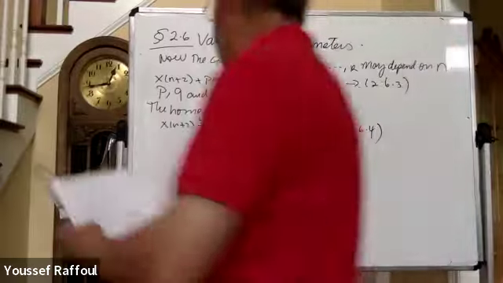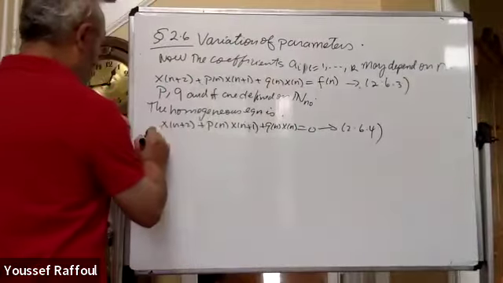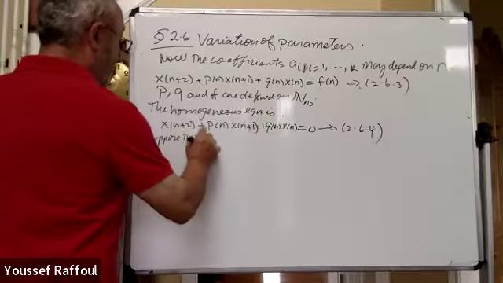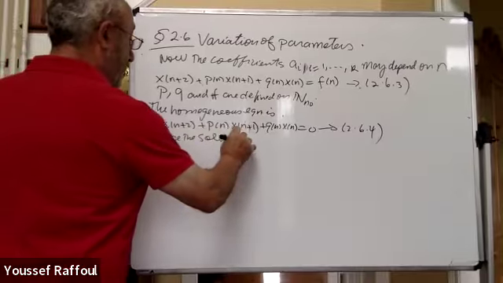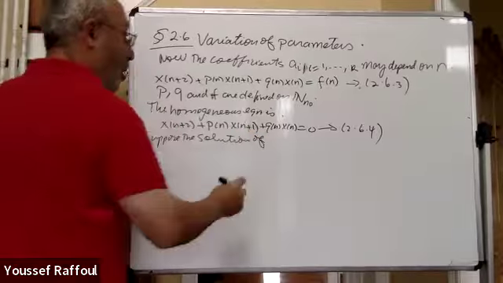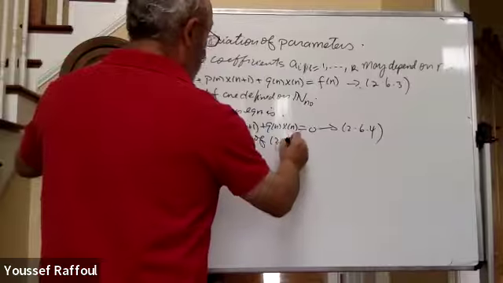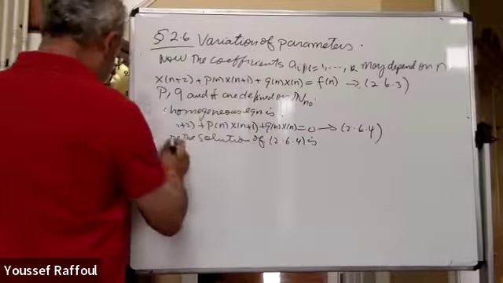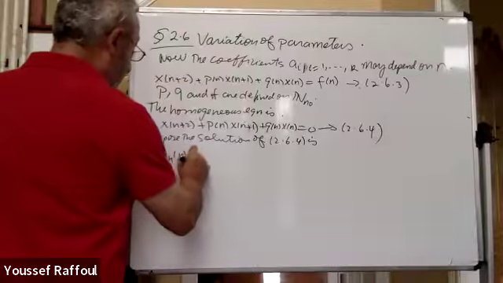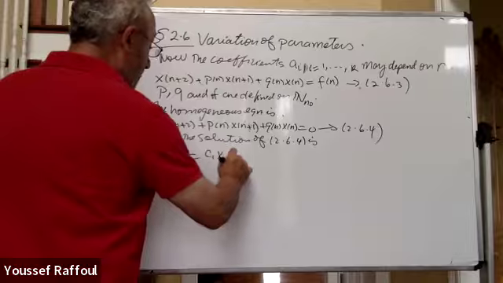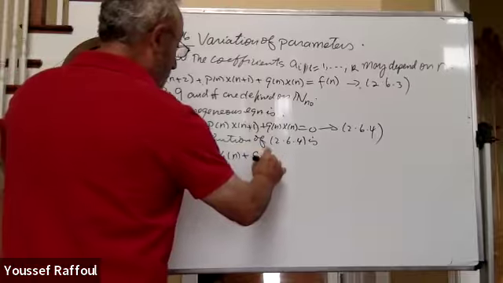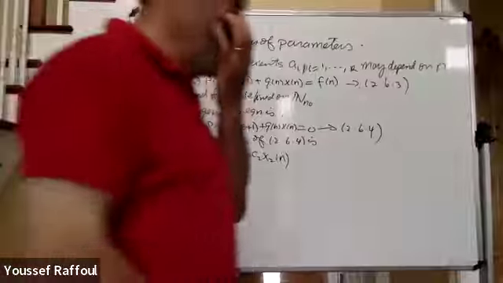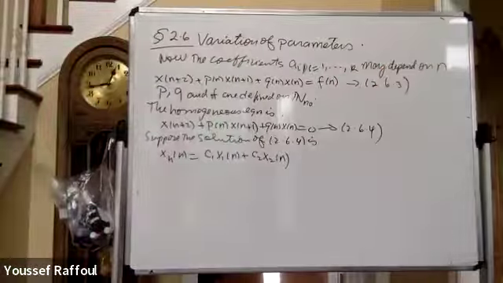All right. Suppose the solution of 2.6.4 is xh of n equals c1 x1 of n plus c2 x2 of n.